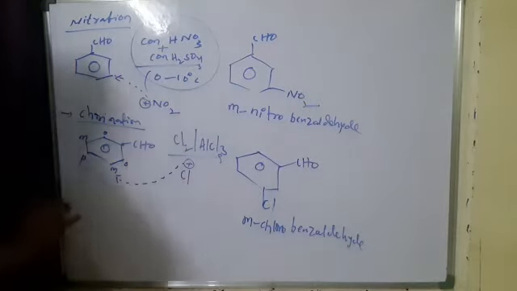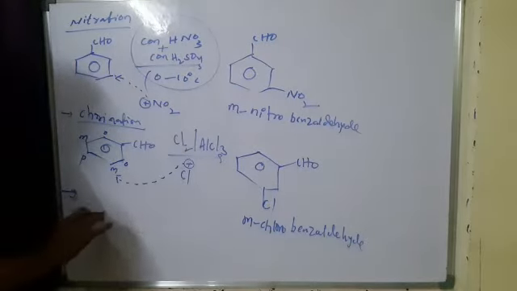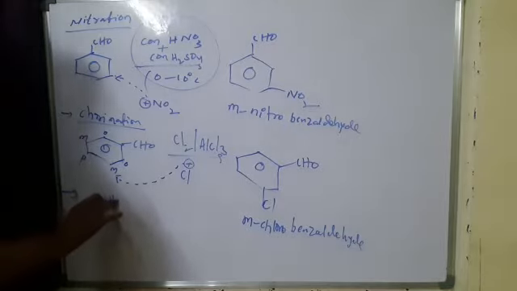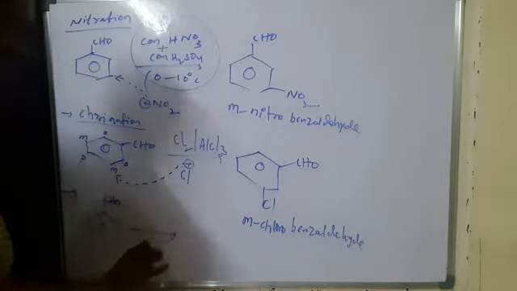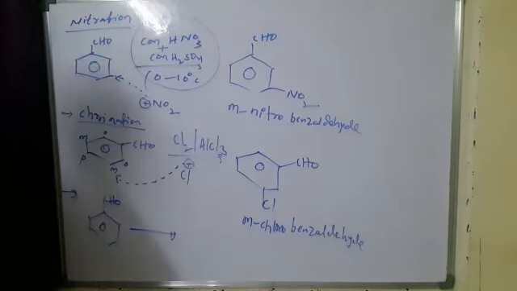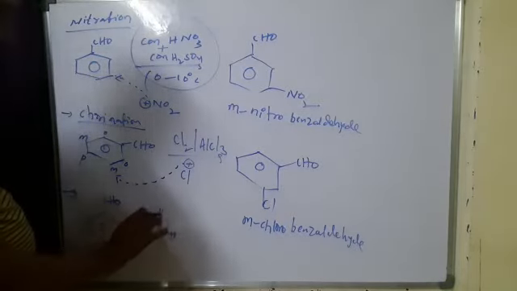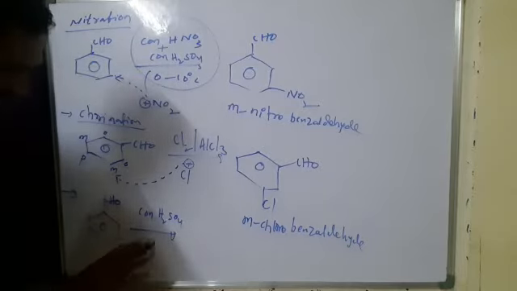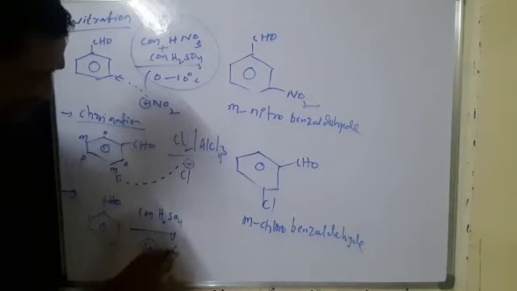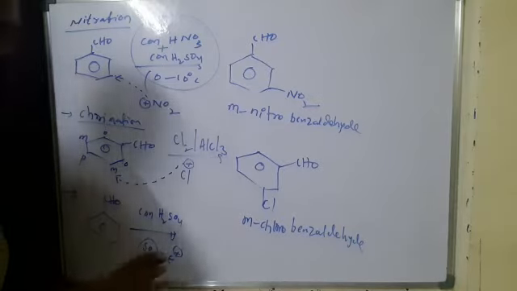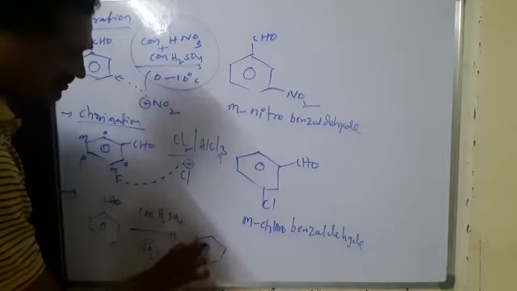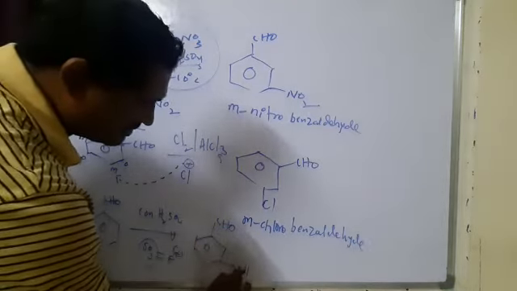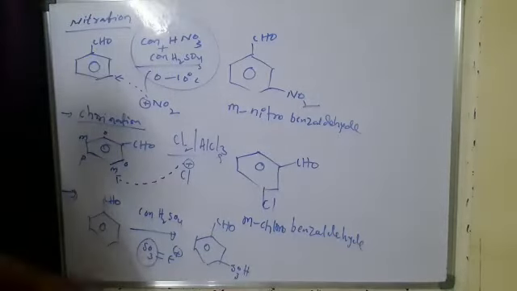Now one more example you can take, sulfonation. So benzaldehyde with concentrated H2SO4, if you use sulfonation, sulfur trioxide is the electrophile, this is the electrophile E plus. It will attack the benzene at the meta position: CHO and here SO3H. So always the meta position.